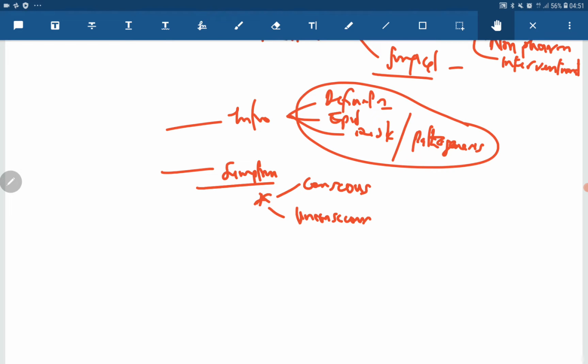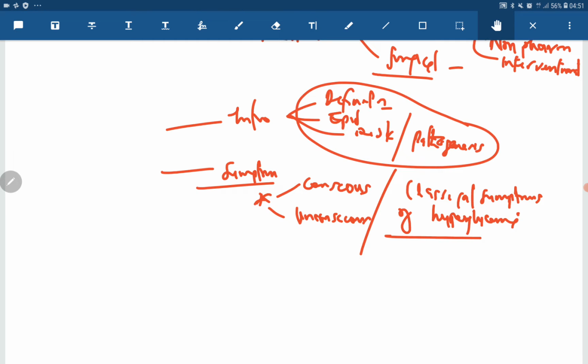And then usually when they present, the symptoms they can have include, like we said earlier, classical symptoms of hyperglycemia, and this is the polyuria, polydipsia, and polyphagia. So the PPP. So that's part of what they present with.